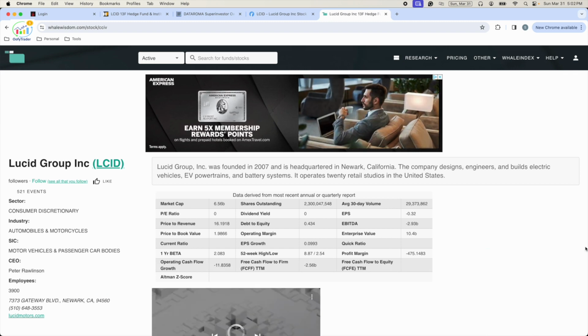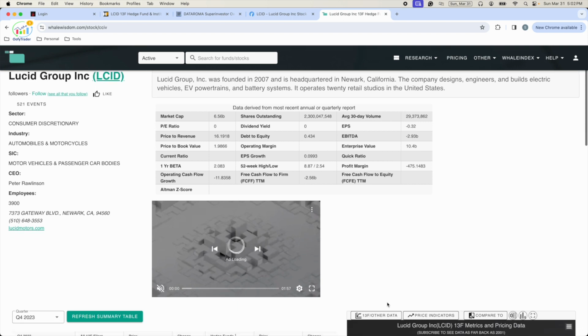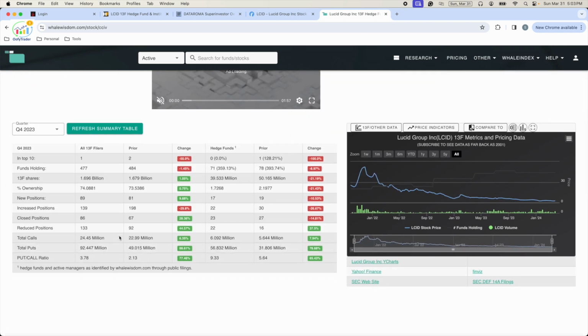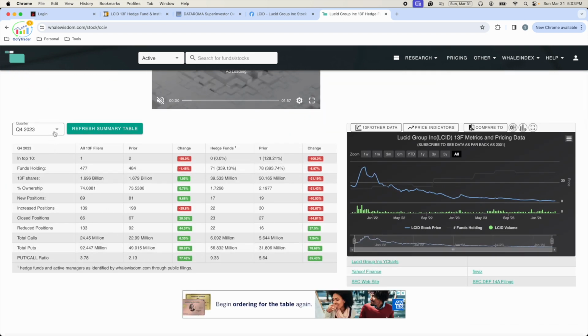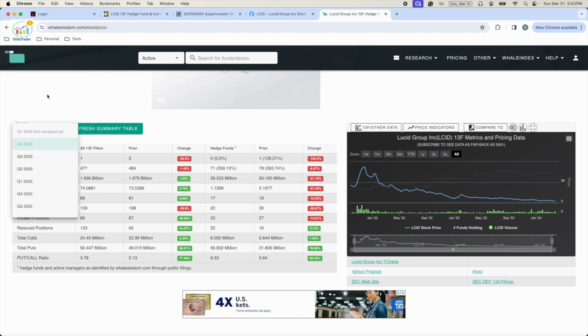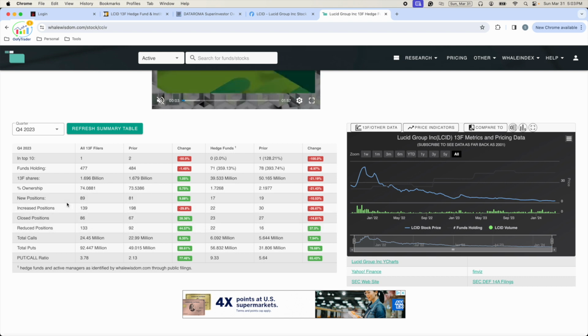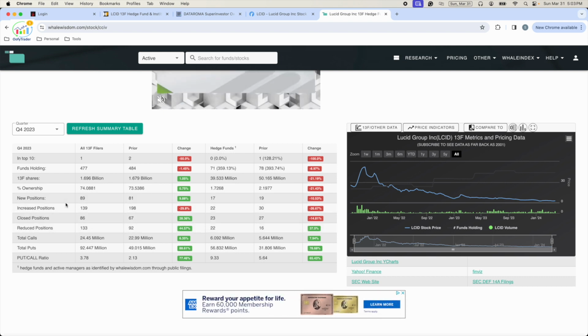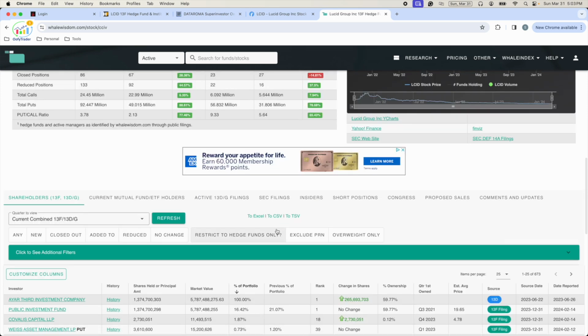If I need to scan through very thoroughly, the latest update it has is Q4 2023, but this quarter it's not pulling that information. And then who owns Lucid, the top 10 list from the last quarter, closed positions, reduced positions, who is having the expensive calls. So this will give a lot of information.